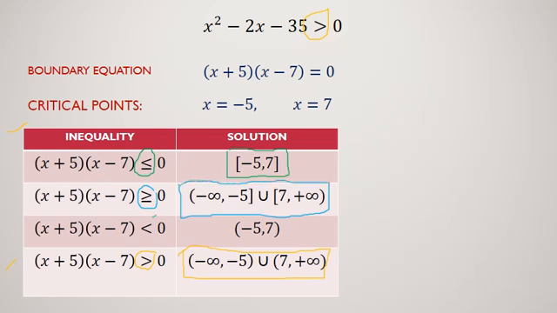Pag strictly less than, ito naman, open interval ng mga critical points. Then, pag greater than lang, then ito naman. So, that's how we use the table to solve for quadratic inequality.